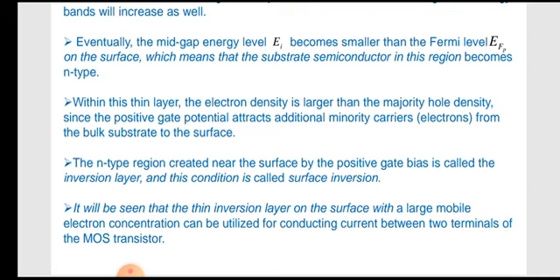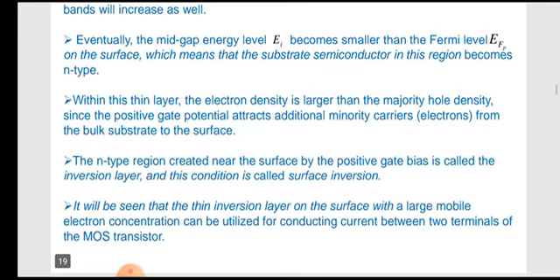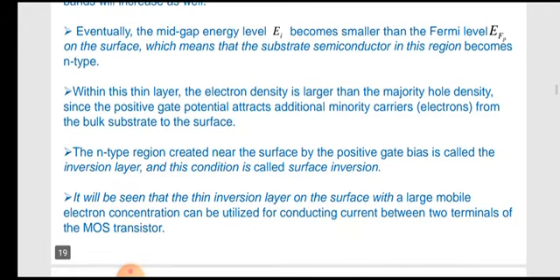Within this thin layer the electron density is larger than the majority hole density, since the positive gate potential attracts additional minority carriers, that is electrons, from the bulk substrate to the surface. The n-type region created near the surface by the positive gate bias is called the inversion layer, and this condition is called surface inversion.